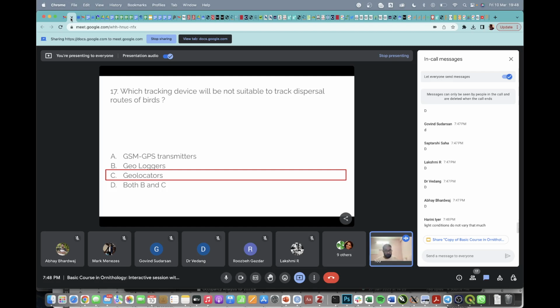Geologgers are really good, especially for small birds. GPS transmitters are also really good, but the problem with transmitters is, first of all, they're heavy, and second, if you have seen those old documentaries where they're tracking the birds, they lug around a kind of satellite receiver to see where the birds are. They do that for lions and tigers also.